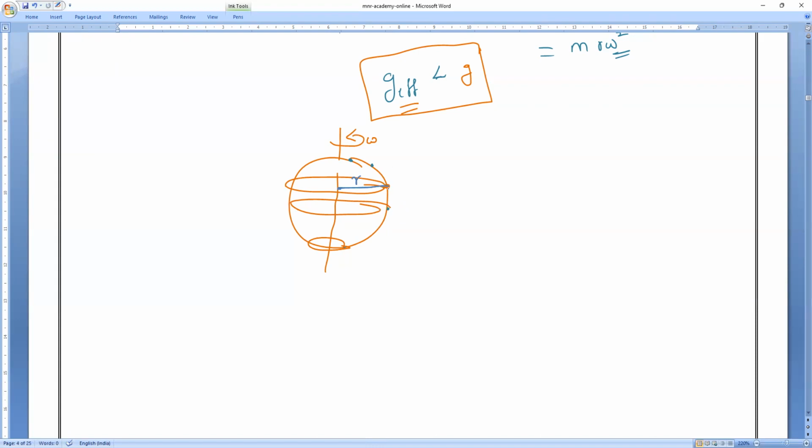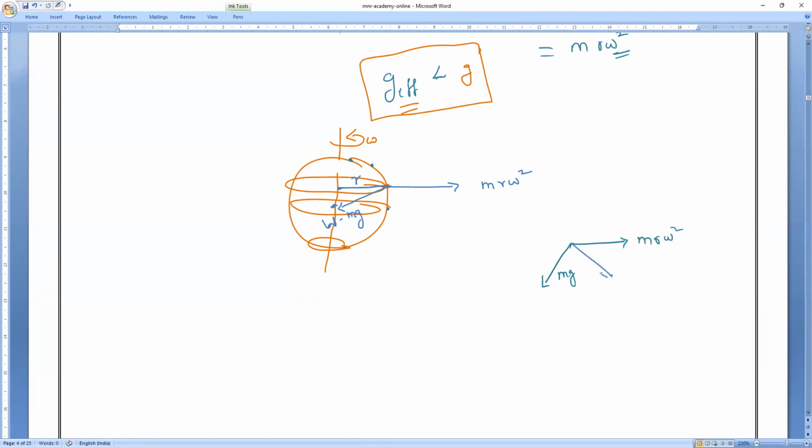If this is R, the weight of this particle acts towards the center. What is the weight of the particle? mg. And the centrifugal force always acts in the outward direction, m r omega square. Can you tell me, if the weight of the body acts towards the center and m r omega square acts like this, the resultant force will act in between them only?